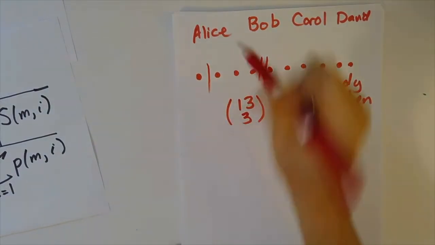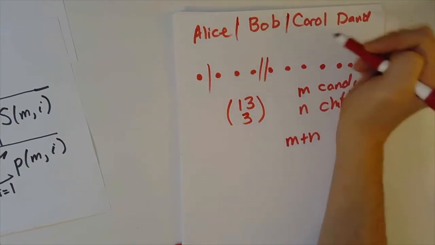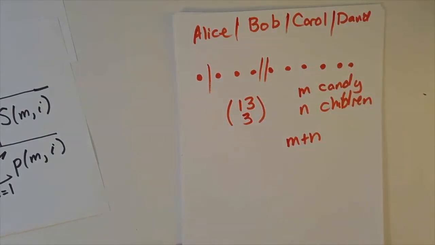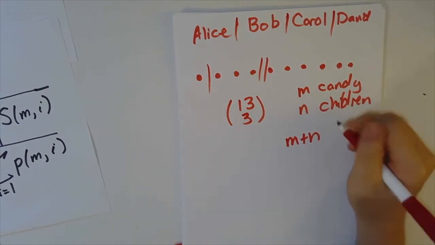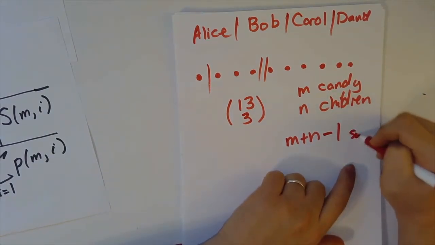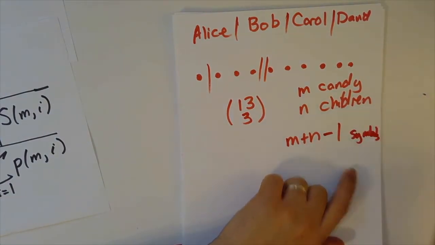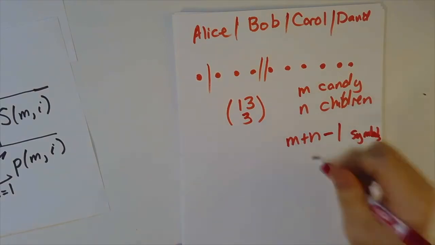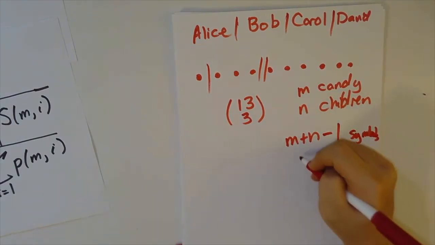So in this case, I needed 1 bar between Alice and Bob, 1 between Bob and Carol, and 1 between Carol and David. And so, in fact, this was M plus N minus 1. That's the total number of symbols. Okay. And of those, N minus 1 are bars.